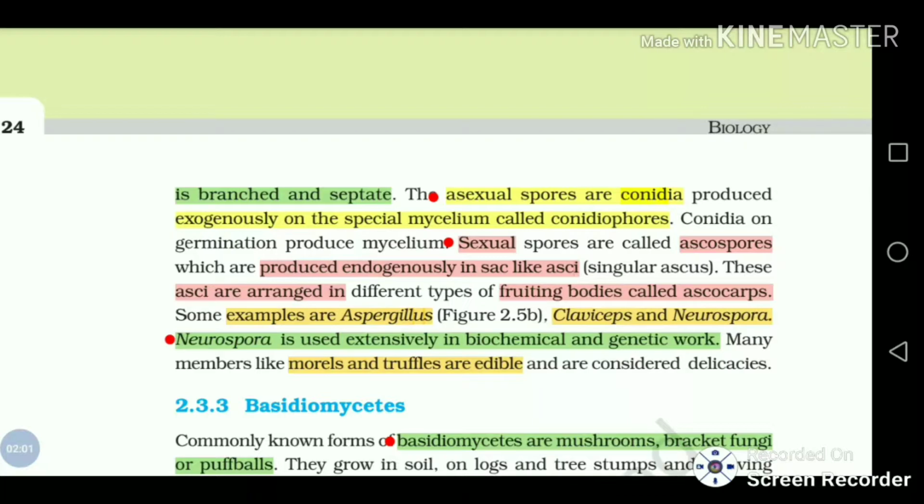Then the examples for Ascomycetes are Aspergillus, the figure is given in your text, then Claviceps and Neurospora. And Neurospora is used extensively in biochemical and genetic work. And the morels and truffles are also examples of Ascomycetes, and these are edible.